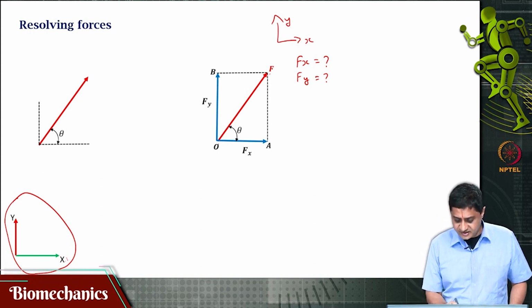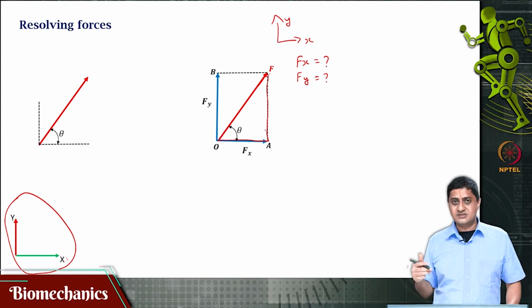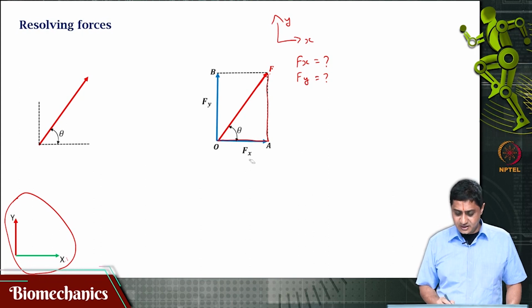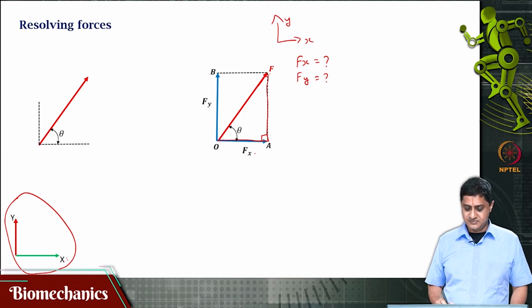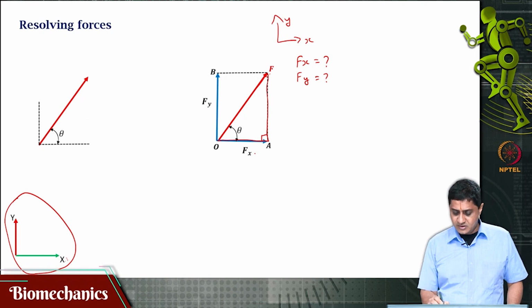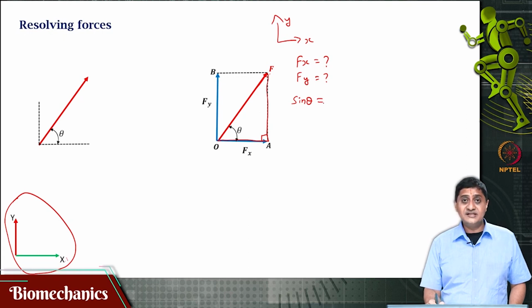Now for finding the x component Fx, consider the right triangle. I know this is high school physics, but please bear with me because there are some students taking it from other backgrounds who may need this refresher. Consider this right triangle OAF, with a 90 degree angle. In this, the hypotenuse is OF. What is sin theta? We know sin theta is opposite side by hypotenuse.